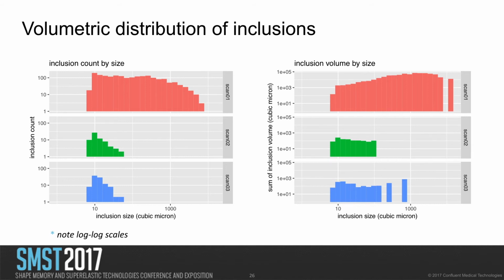The general idea is the top ones there in red are SE508 Eli. There are a lot more inclusions, and there's a lot of big inclusions, right? And the big inclusions are overweighted in terms of, on the right when we look at them by size. Whereas the 2 Eli scans definitely have a different signature to them. There are fewer inclusions, and they tend to be smaller, and we can see that in those histograms.